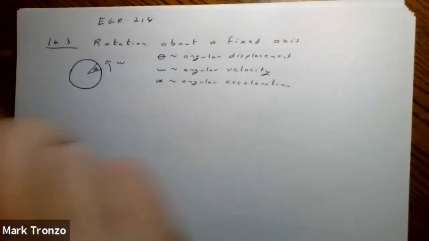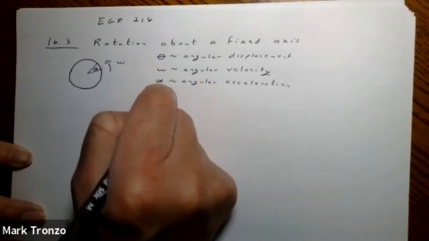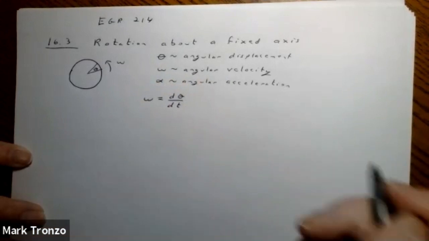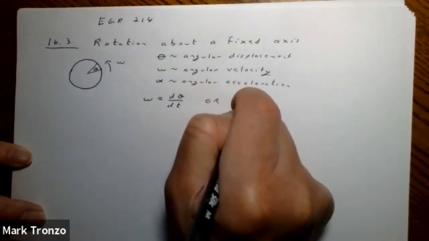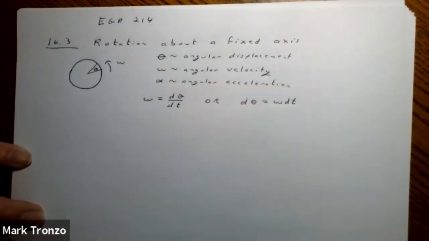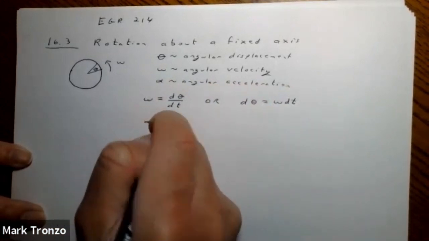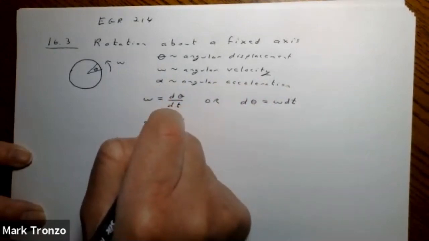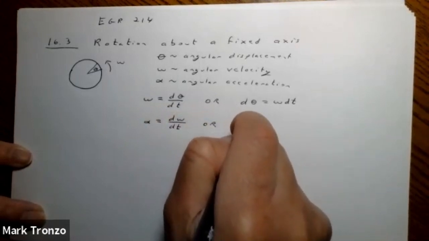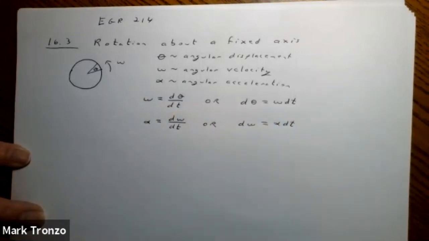And of course, similar to before, we had our basic relationships that omega is going to be d theta dt. Or if we rearrange this, d theta equals omega dt. And also alpha was equal to d omega dt, or if we rewrite this, d omega is equal to alpha dt.